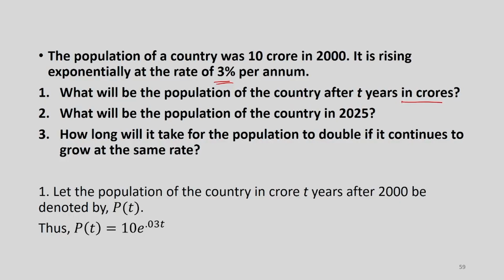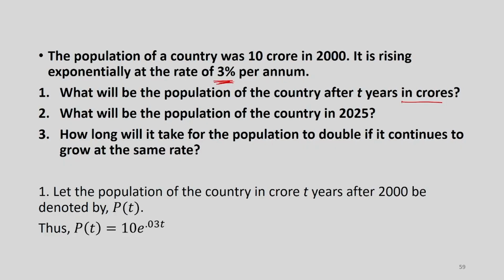And likewise, the second question is, what will be the population of India in the year 2025, and after how many years the population will double, right? So in 2000 it was 100 crore, in which year it will become 200 crore, right? Assuming obviously that the rate of growth of population is 3%, right? It is rising exponentially at 3% per annum.